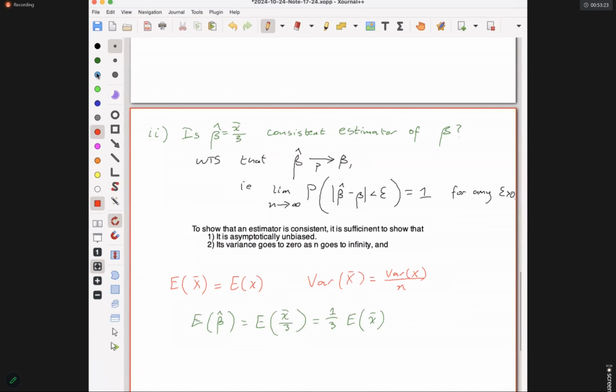Okay. So the expectation of x bar is the expectation of x, and this is something that we need to find, unless you think you're allowed to just use the expectation of the gamma distribution without proof.